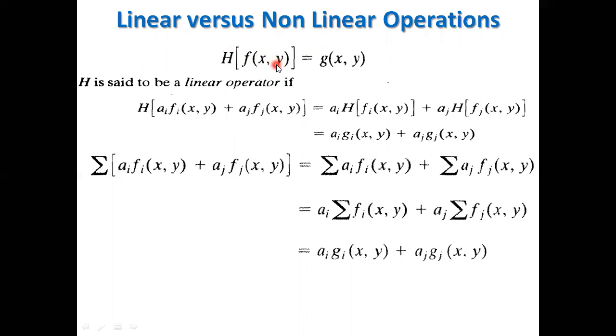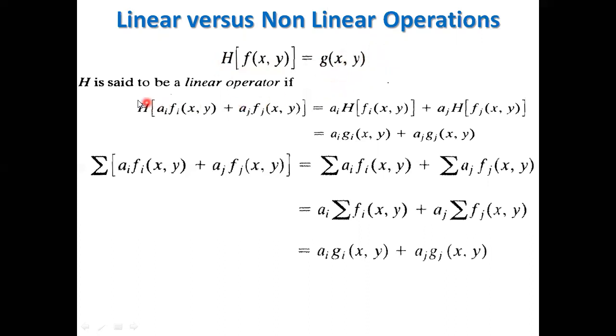If you are doing any operation on that f of x comma y, a linear operator will be represented here as h. If you apply the operator on f of x comma y, that will be equal to g of x comma y.